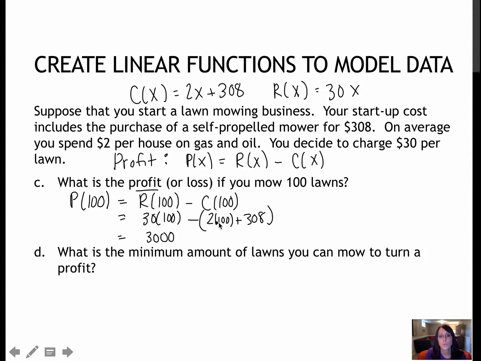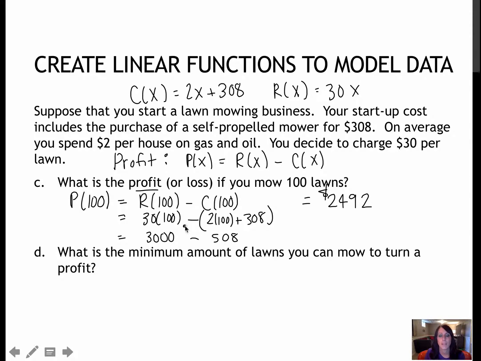Over here, 2 times 100 is 200 plus 308. And so I get 3,000 minus 508, which means my profit is $2,492. So that's my profit for 100 lawns.